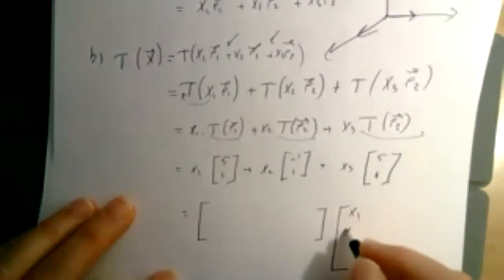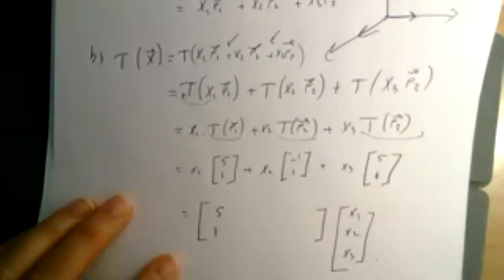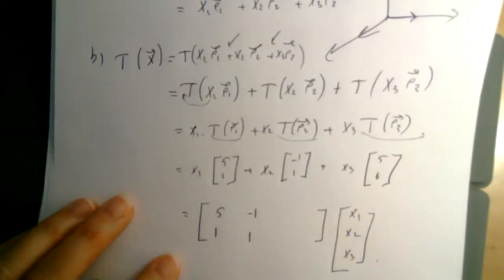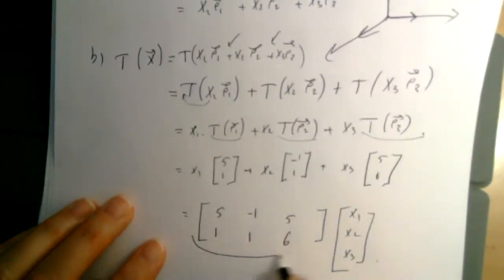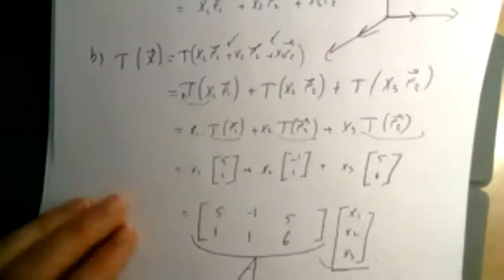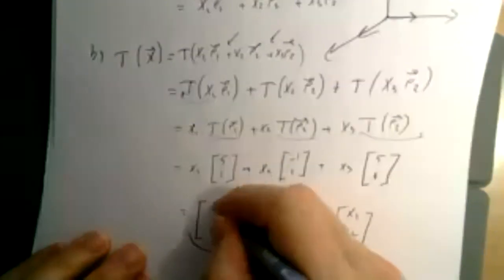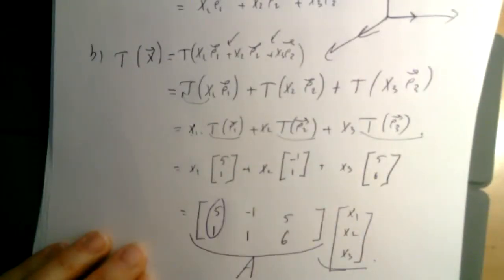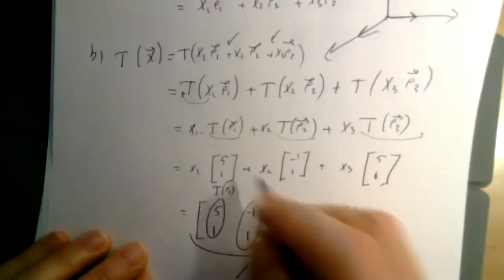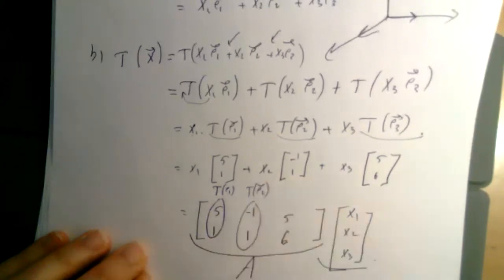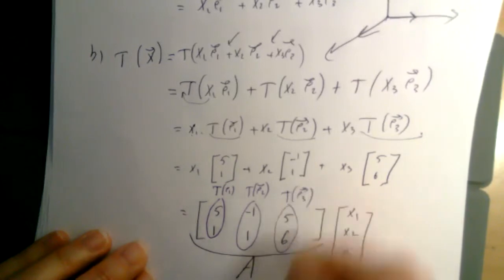This is x1, x2, and x3 times 5, 1, minus 1, 1, and 5, 6. And that's the matrix A that we're talking about. So the matrix A has for its first column what T does to E1, the second column what T does to E2, and finally what T does to the vector E3.